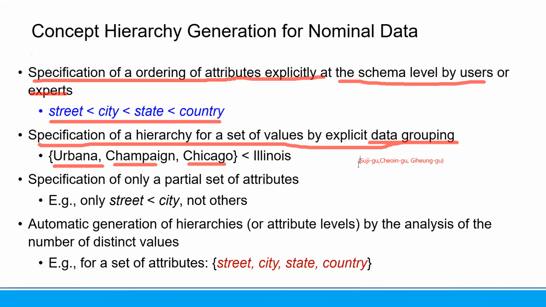So those three are the districts of Yongin City. So we can make a set of values. This set of values is in the same level.